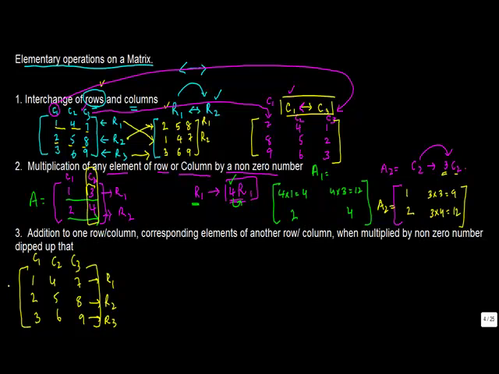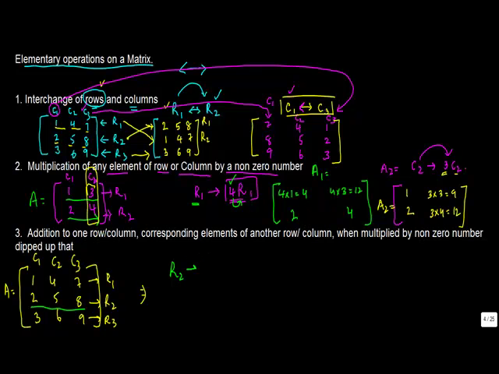Okay, so let's say you have this matrix A. What this third operation refers to is addition to one row or column. So let's take row 2 first.